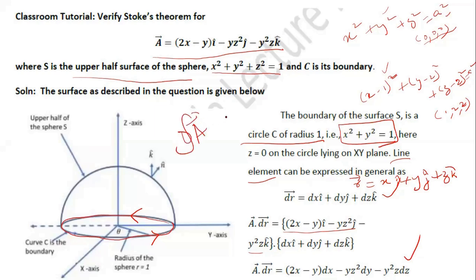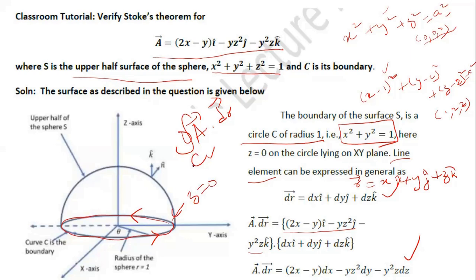But in order to perform this loop integration of A dot dr over the closed curve C, as in the Stokes theorem, you know that for every point on the closed curve C, in this particular problem, the z value is always 0. Why is the z value always 0?